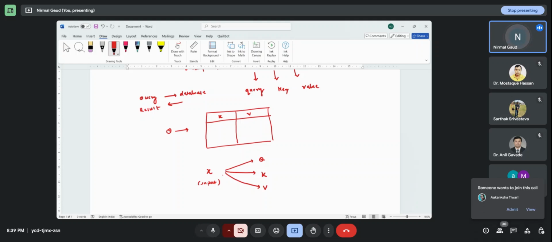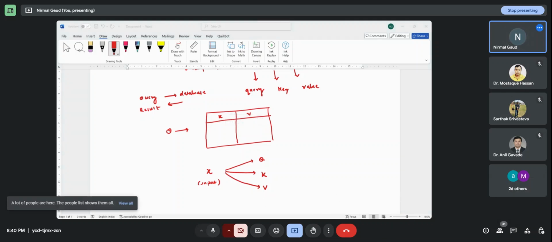That means Q, K, V will be made from the input only, by multiplying it with trainable weights.